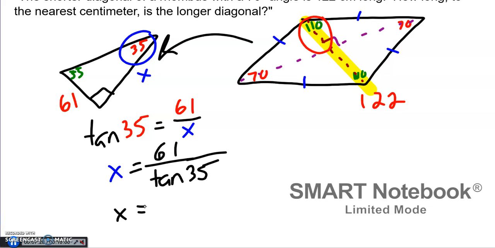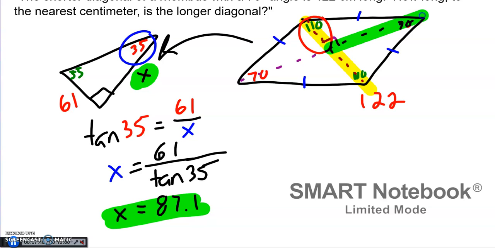We get about 87.1. Remember, this x is only for half of it. So this value of x that we just found is only for this piece. We need now to double it to get the remaining piece of it. So we do 87.1 times 2.